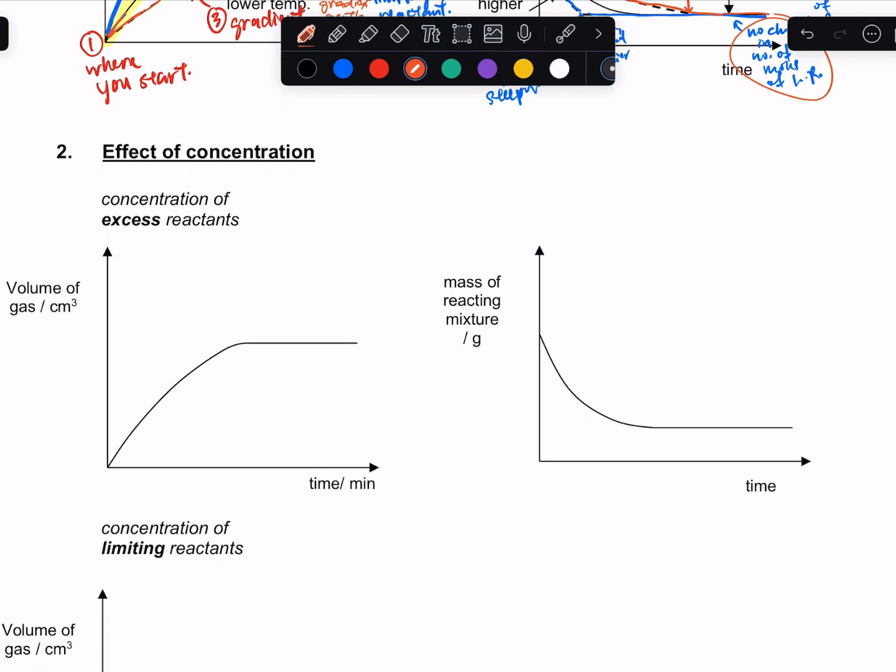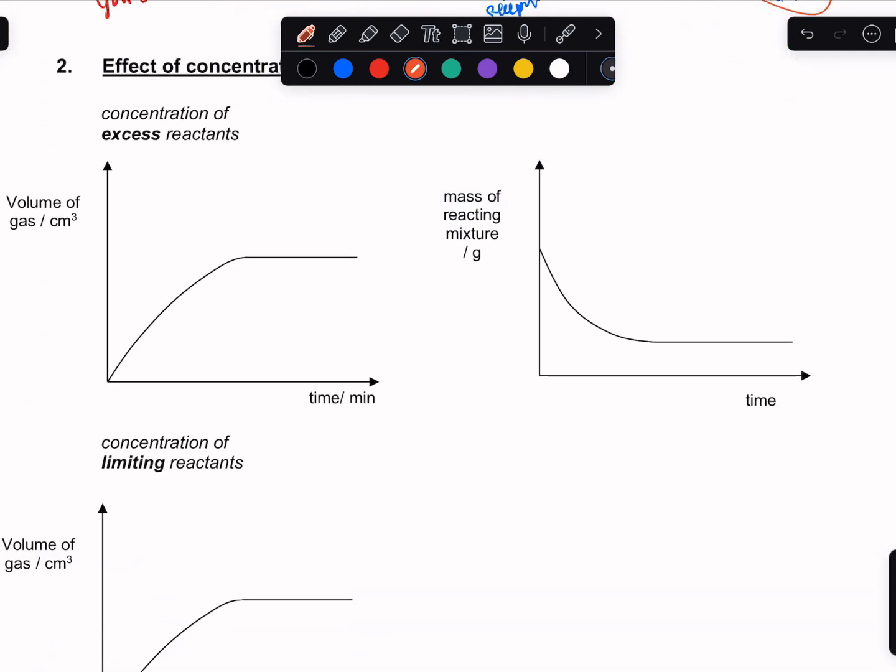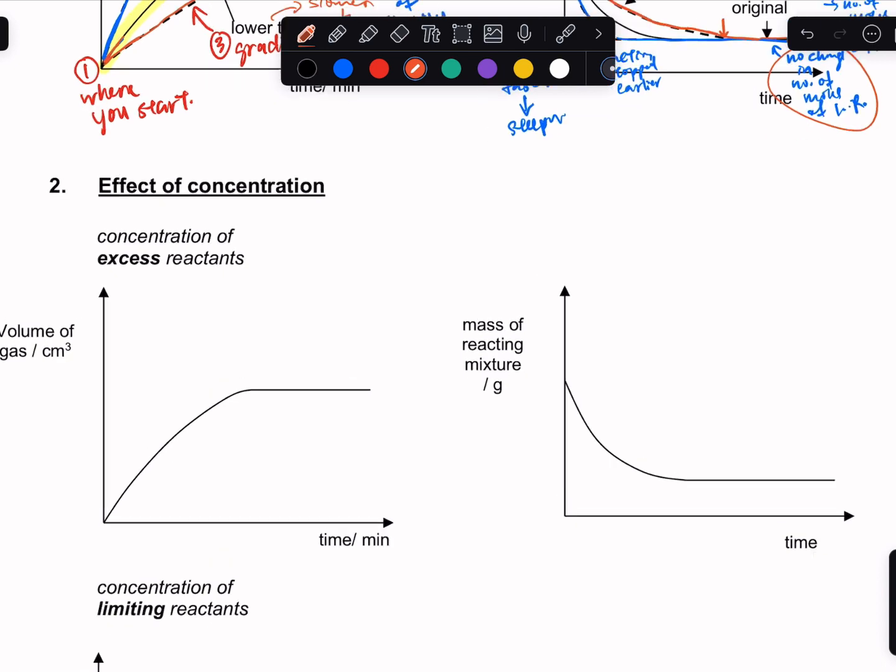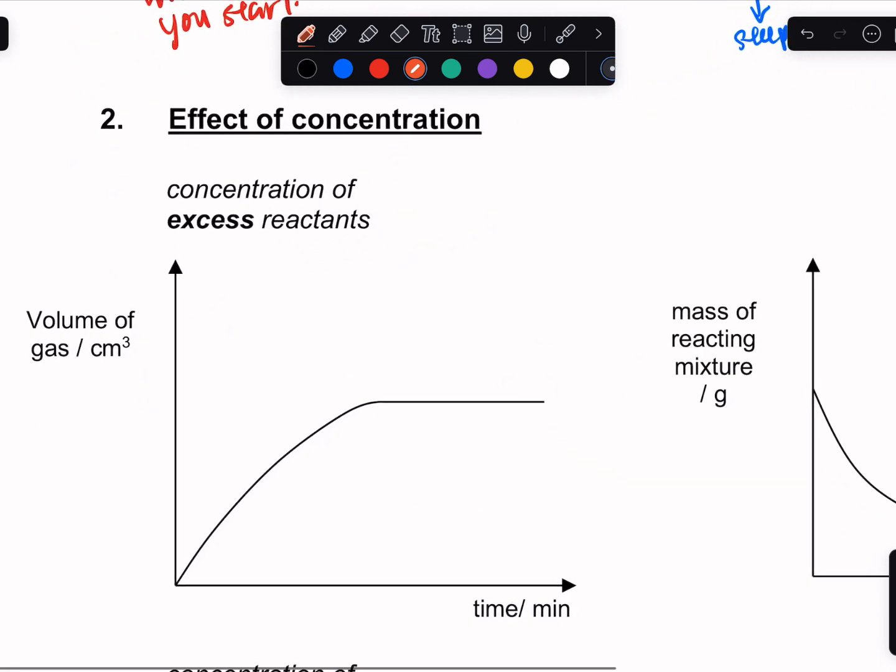Let's look at concentration. This is the one that's more confusing. So this is where your limiting reactant or excess reactant comes into play.